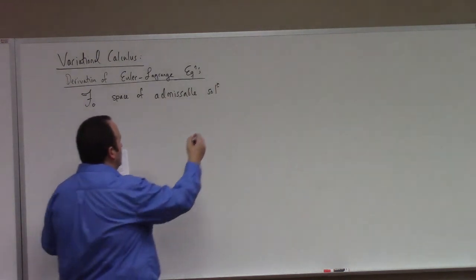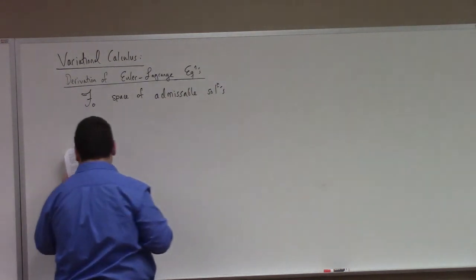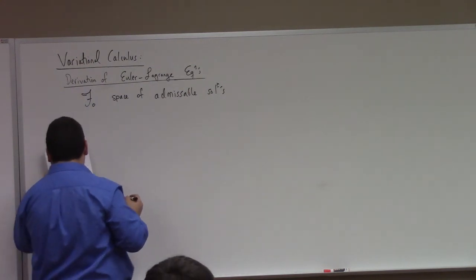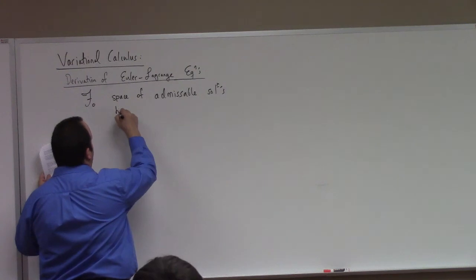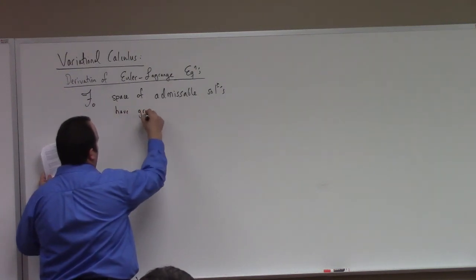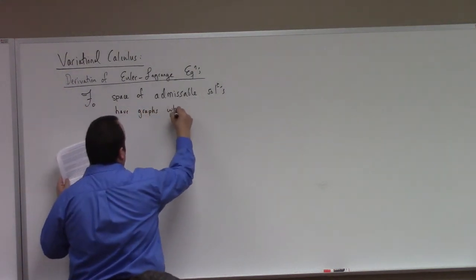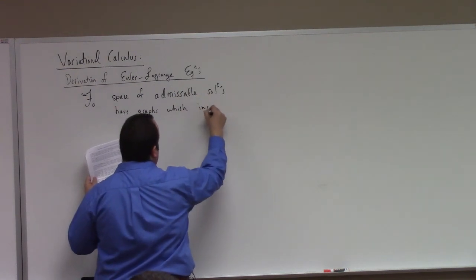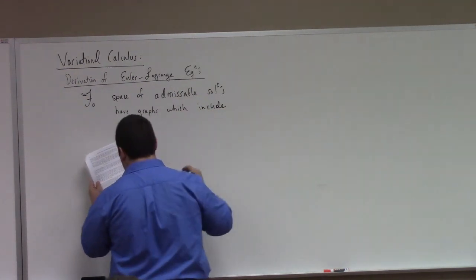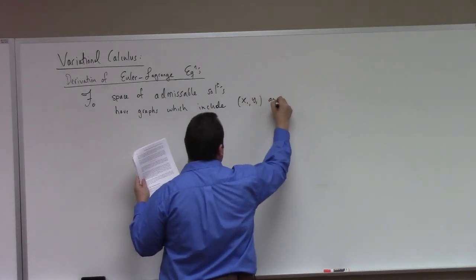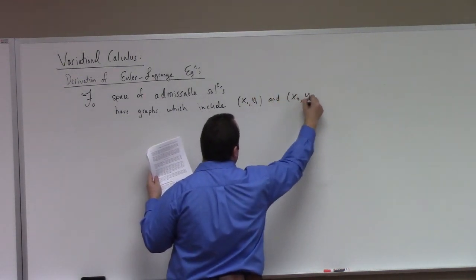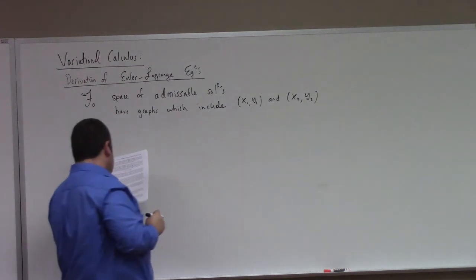For the sake of discussion, we're going to assume all the functions in F naught have graphs which include (x1, y1) and (x2, y2). All right?